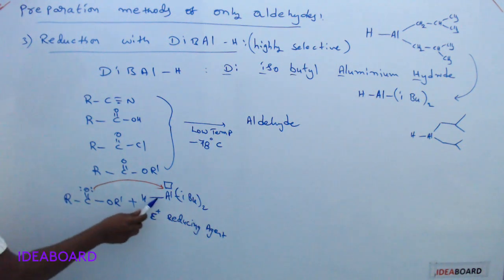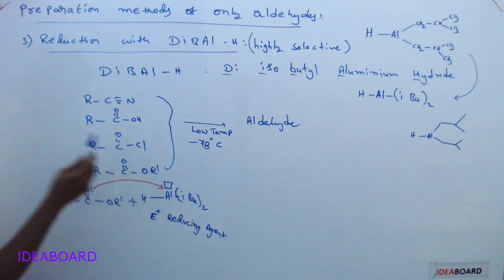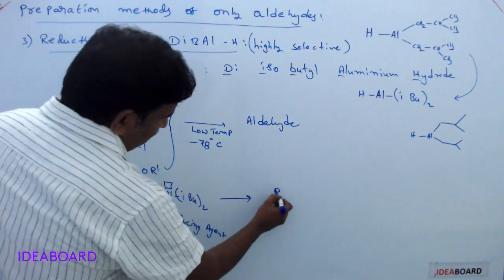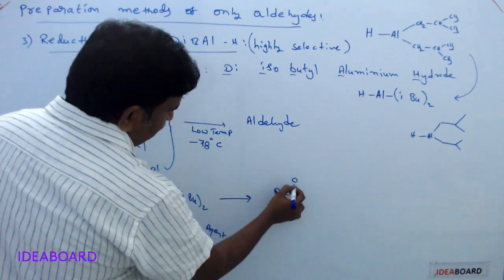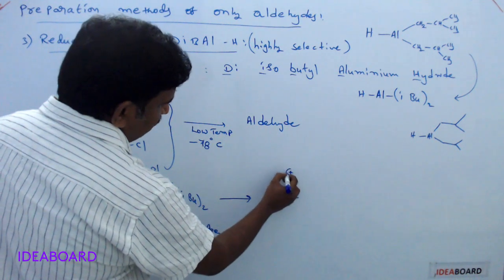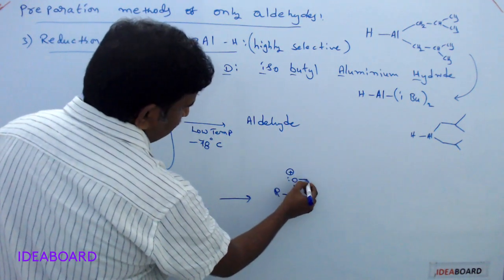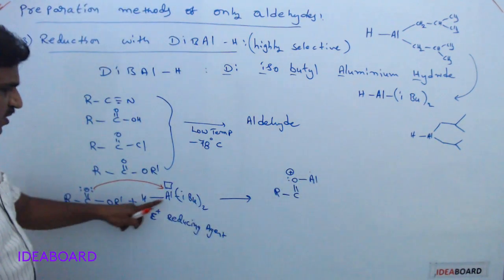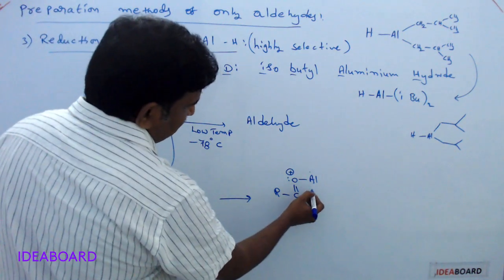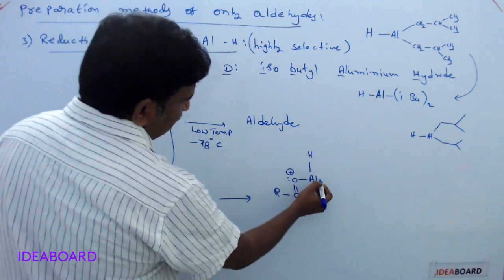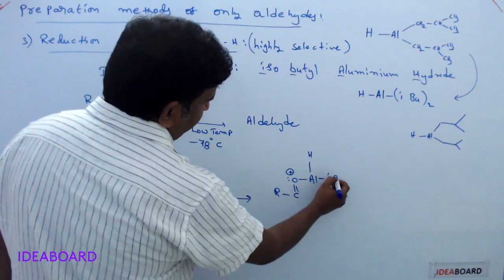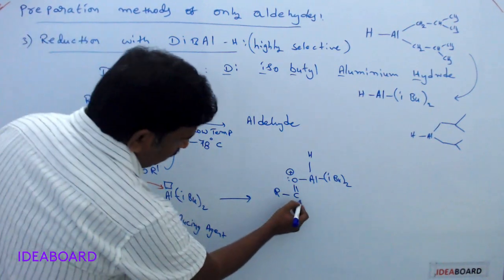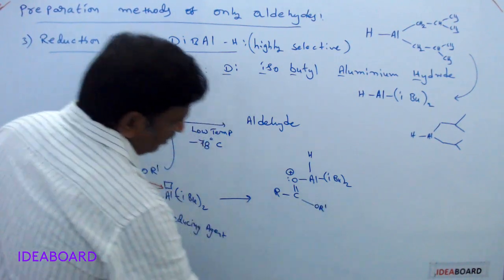After the first attack, what is formed is RC with the oxygen, which loses a pair of electrons and becomes positive, and aluminum gets a bond, with the hydrogen and IBU taken twice, and the OR' group.